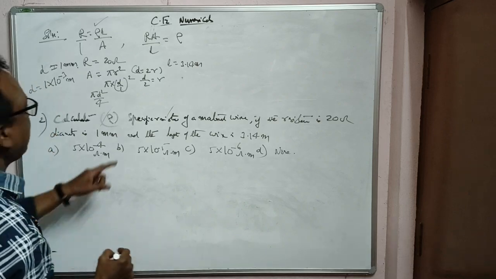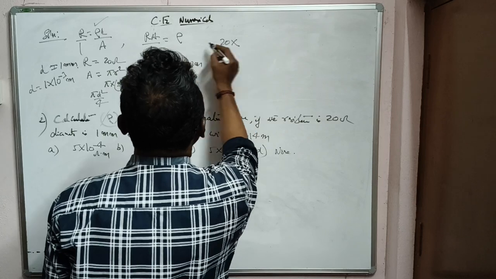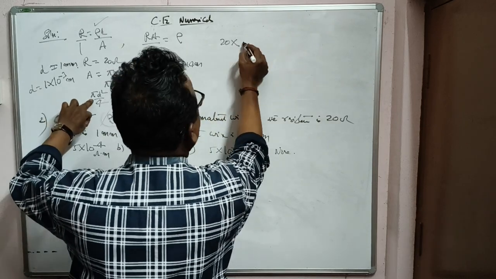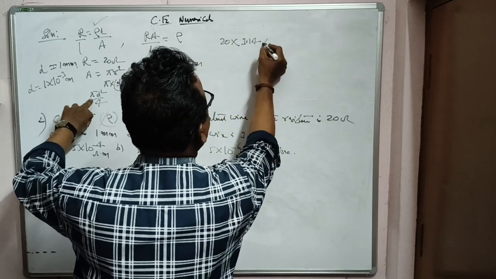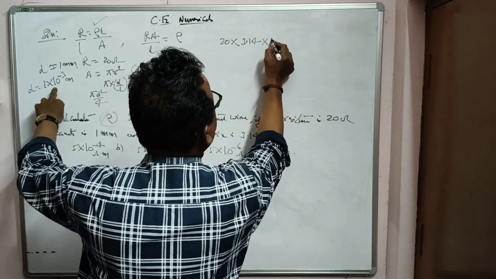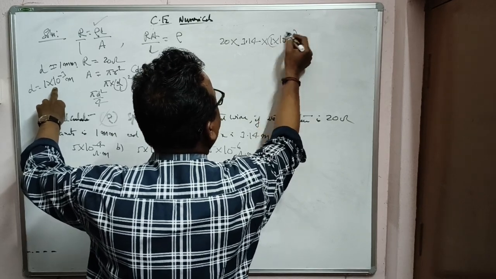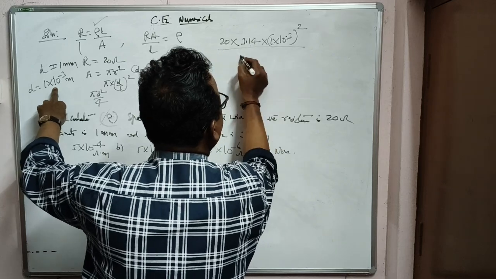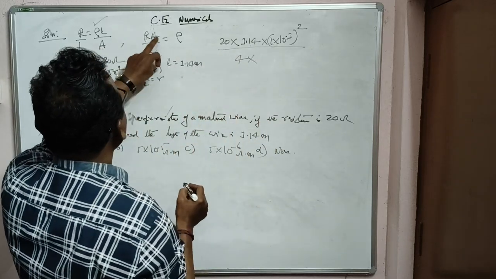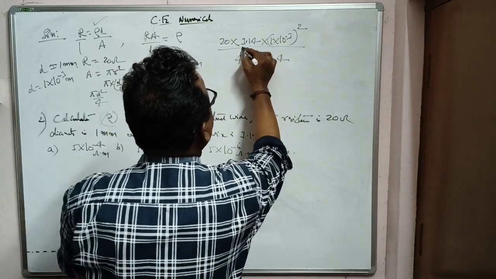Now put all these values here. Resistance is 20 ohms, area is pi d square by 4, where pi is 3.14 and d is 1 into 10 power minus 3 meters, divided by the length 3.14 meters.